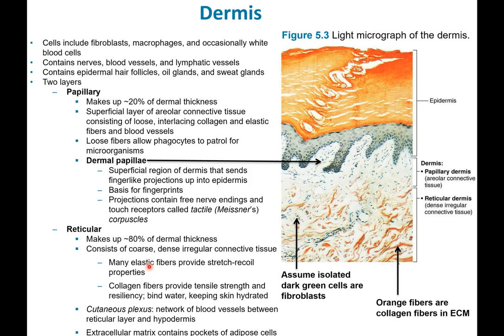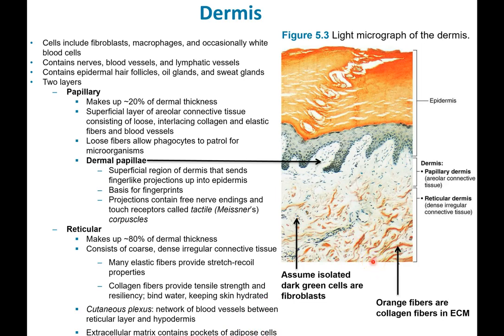Between the dermis and underlying hypodermis, there is a network of blood vessels called the cutaneous plexus. Now, because the reticular layer borders the hypodermis, some parts of the reticular layer's extracellular matrix may also contain pockets of adipose cells.